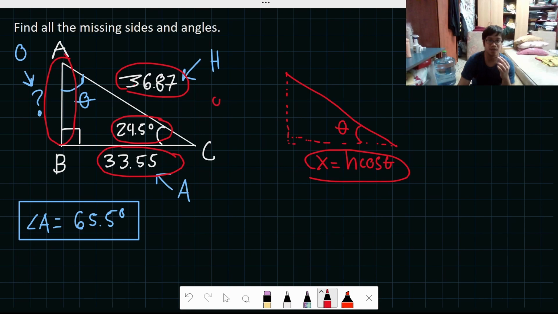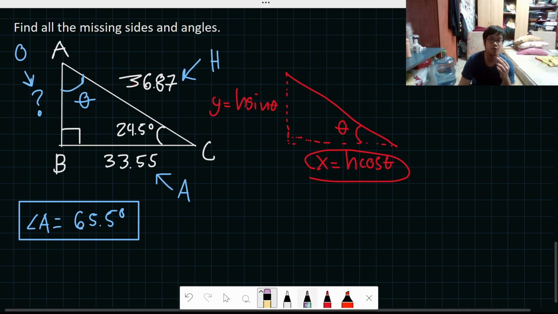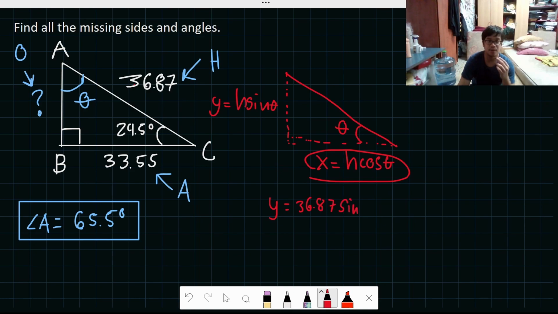Okay. So in the vertical side, basically, all we need to do is multiply the hypotenuse by sine theta. So to find this one, all we need to do is multiply the hypotenuse by sine of 24.5 degrees. So in this case, we will have 36.87 times sine of 24.5 degrees.